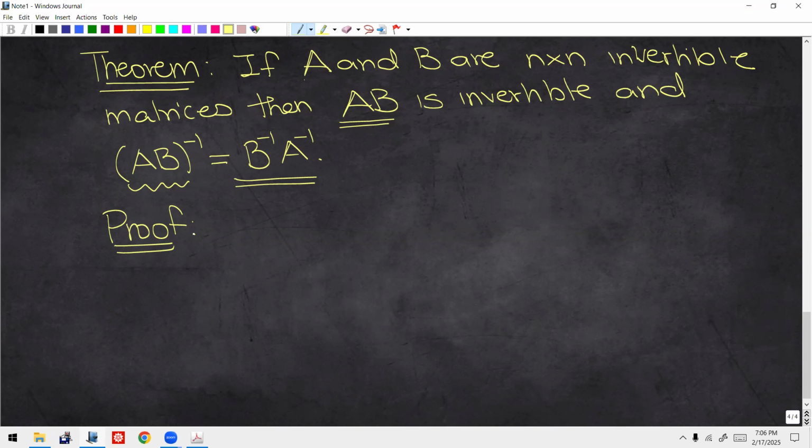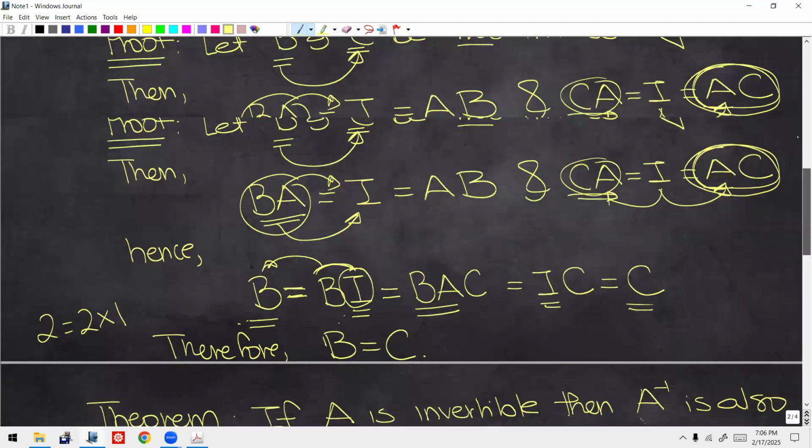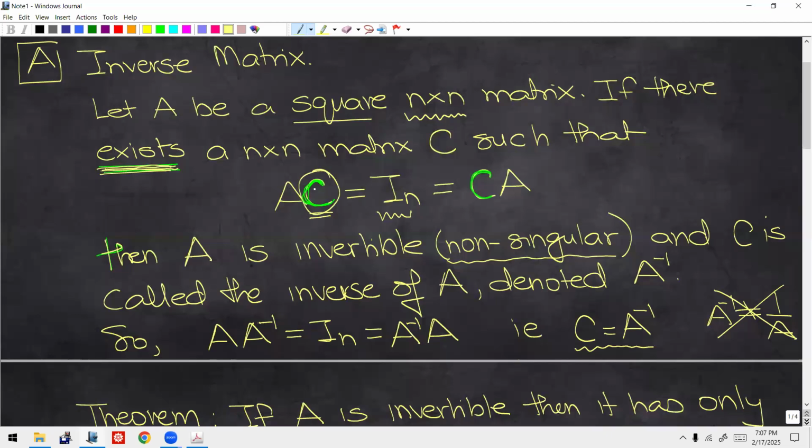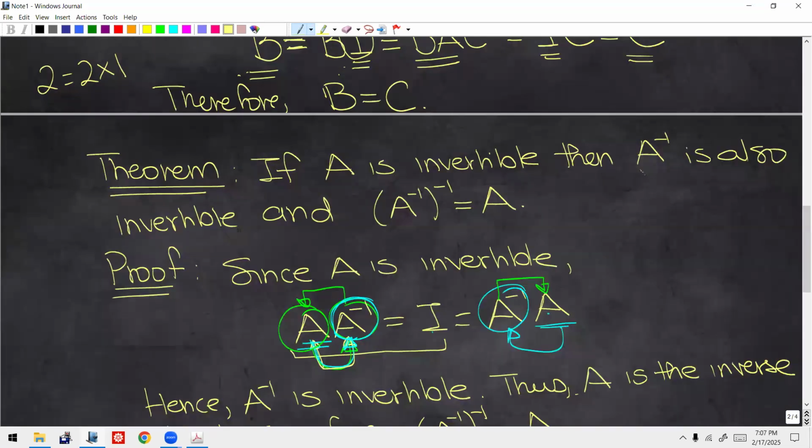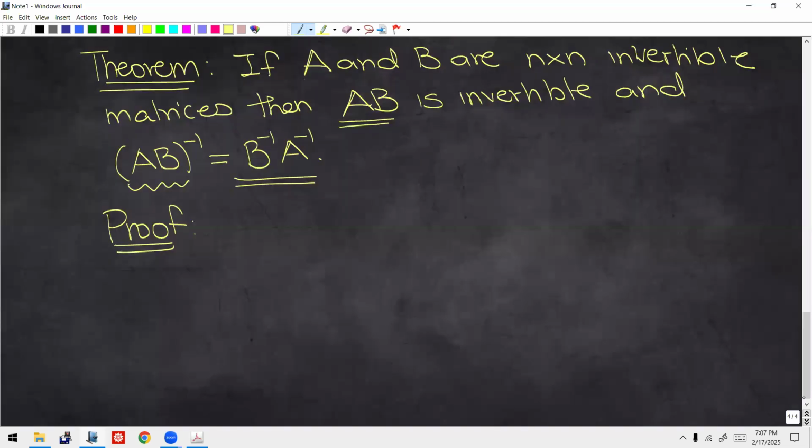So to show that AB is invertible, what do we have to show? What is the definition of invertible? There's some matrix that when you multiply, you get I, and then when you flip the direction and multiply, you still get I, correct? So we're going to start with that. So we have AB times B inverse, A inverse.